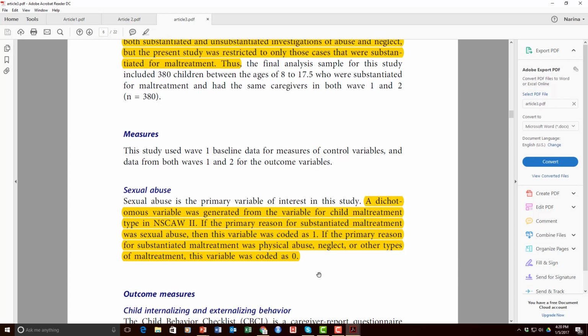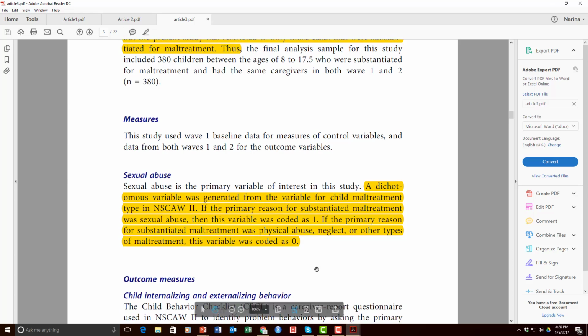So what they're trying to do here is say that there may have been other maltreatment issues in the family, but we're going to take the primary reason for the substantiated abuse. And this may be good or not. You might want to mention it if you saw something like this and explain why you think it's good or why you don't think it's good.